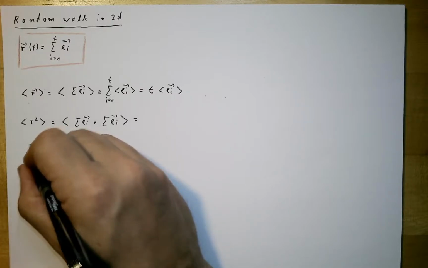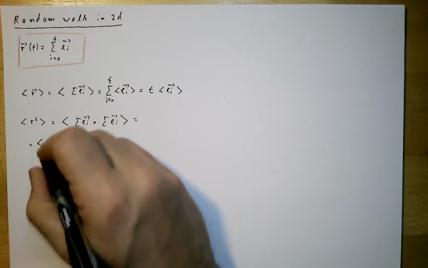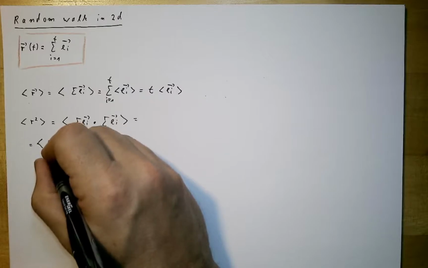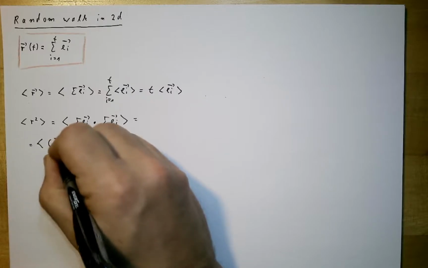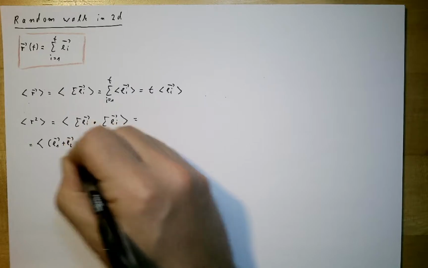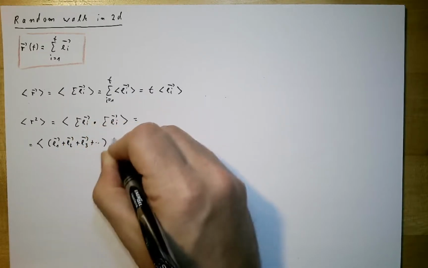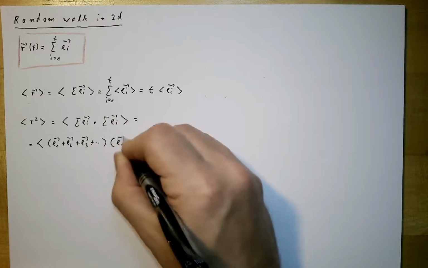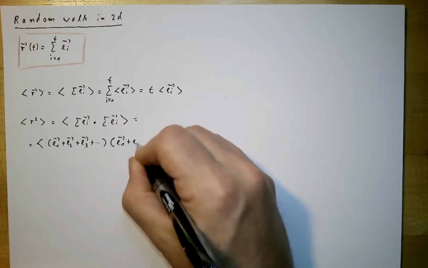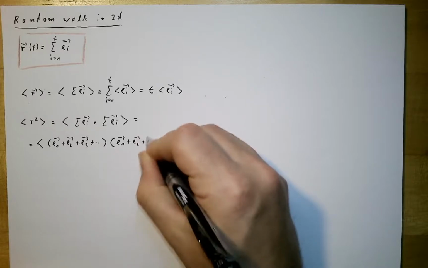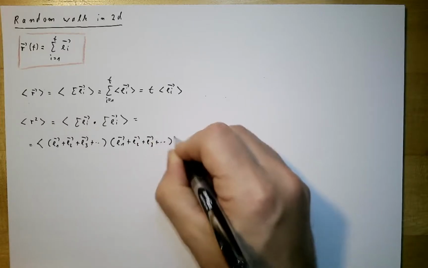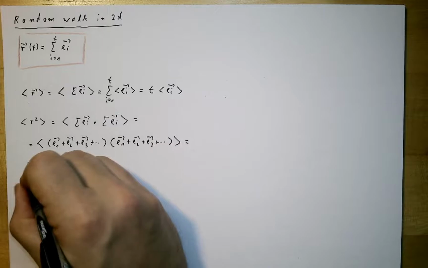So let's write this a bit more in detail. We have e1 plus e2 plus e3 and so on and so forth, multiplied by e1 plus e2 plus e3, and from all of this the expectation value.